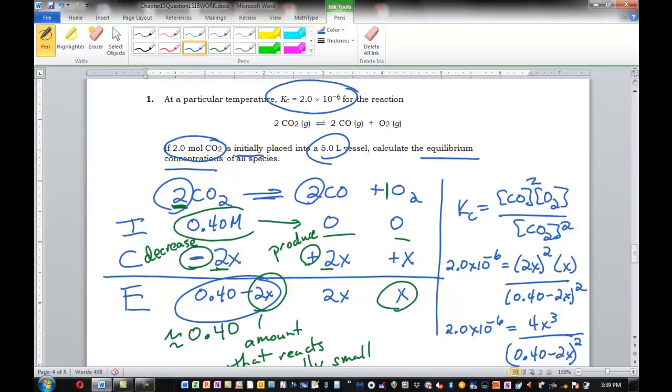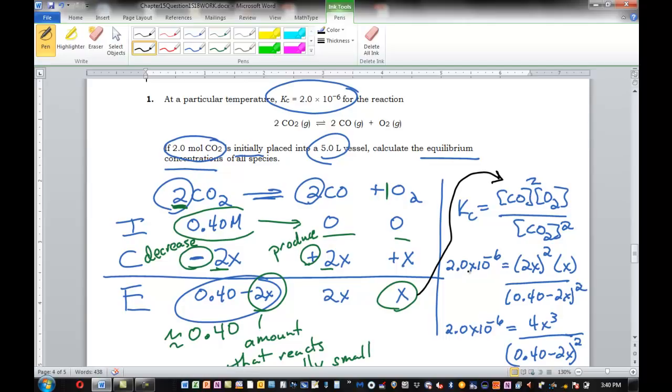Because we're going to take those values in terms of X and plug those into our equilibrium constant expression. So make sure you can write the expression. It's just products raised to the power of the coefficients over reactants raised to the power of the coefficients. We multiply things together in the equation, so the two products are multiplied.